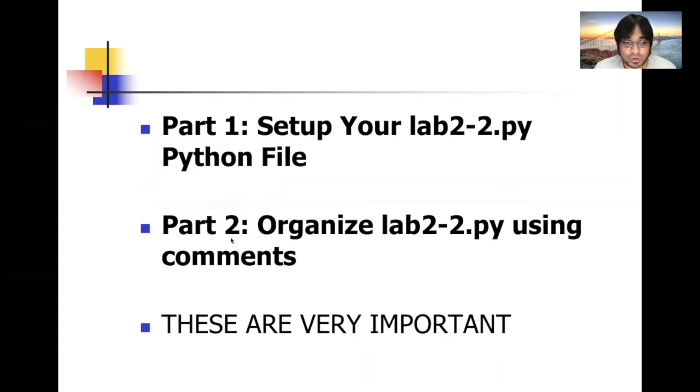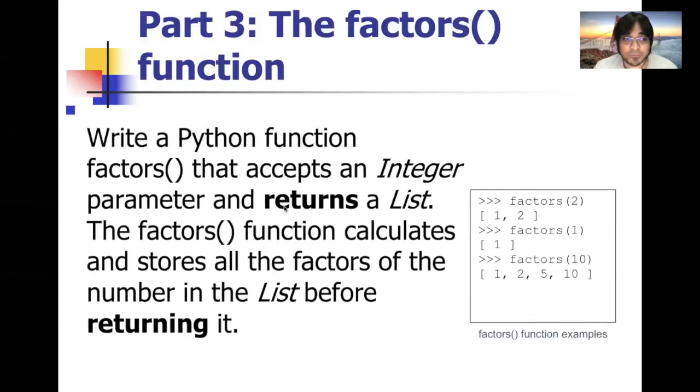So as usual, the important parts: set up our lab2-2.py Python file. Then we're going to organize it with comments with pseudocode. These are very important. So the first bit is we will write a function called factors that accepts an integer and returns a list, just like what we did right now.